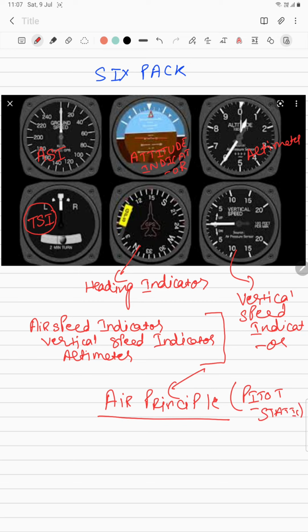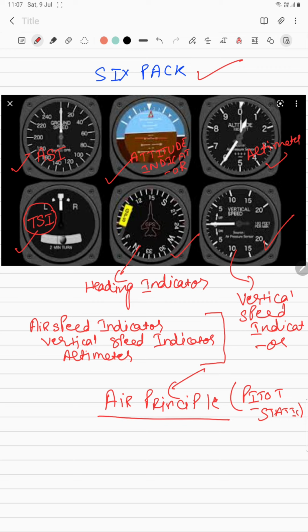First, understand how we started. We started that our aircraft has six important instruments, which is known as your six pack. Now the six pack has your airspeed indicator, your attitude indicator, your altimeter, your turn and slip indicator, your heading indicator, and your vertical speed indicator.